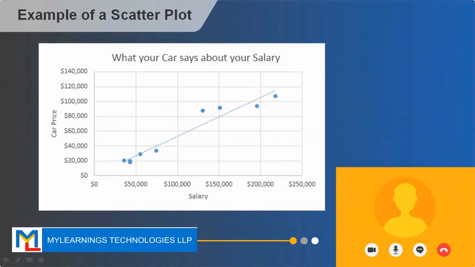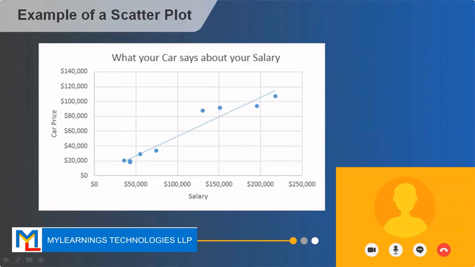We see that as the price of the car increased, we could assume that the salary of the person increased accordingly. People with a higher salary tend to buy cars which are costlier than people with a low salary income.